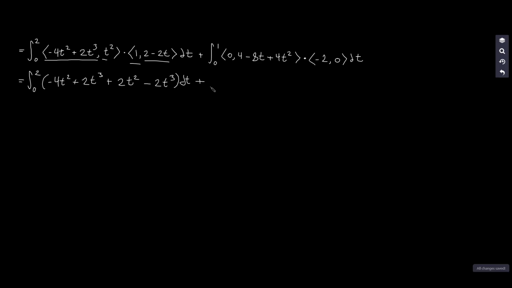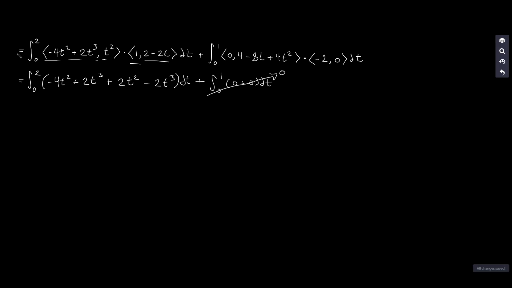And then 0 times, well, integral from 0 to 1, 0 times negative 2 is 0 plus 0, because this times 0 is 0. So it's the integral of 0. Wow, this whole thing's going to go to 0.